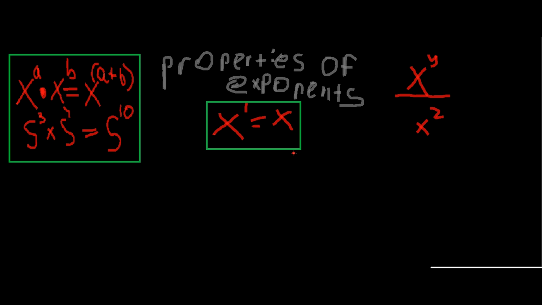I'll give you a minute to think. And it should be coming straight out of this property. So I'm assuming you thought about it, and I did give you a hint. It should be coming out of this property.